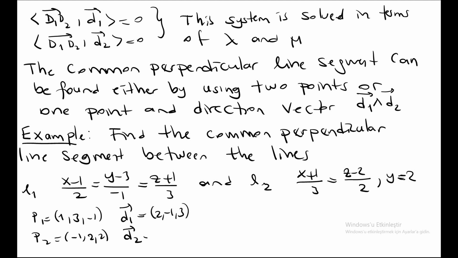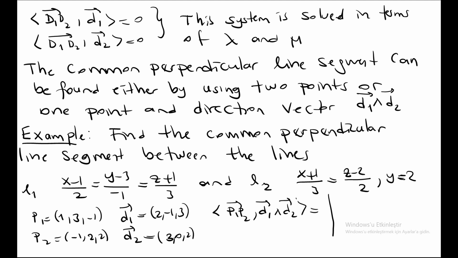D2 is 3, 0, 2. So we need to find P1P2 dotted with D1 cross product D2, or we can use the determinant.